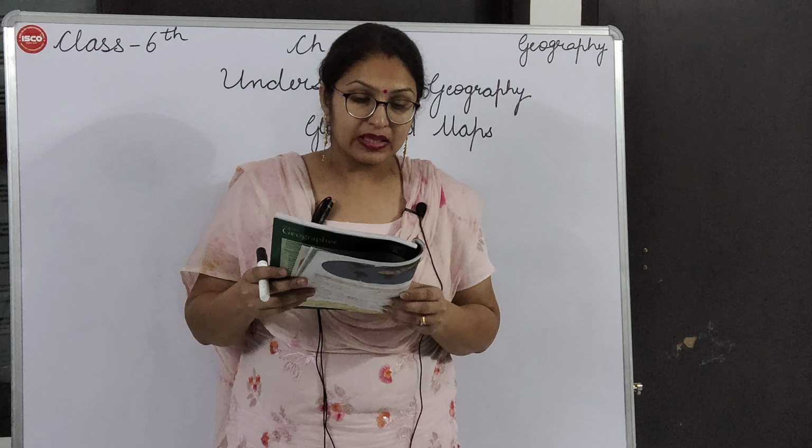Then climate, vegetation, which state is famous for what type of crops, and tourist destinations, where we can go for an outing. These are also shown in thematic maps.